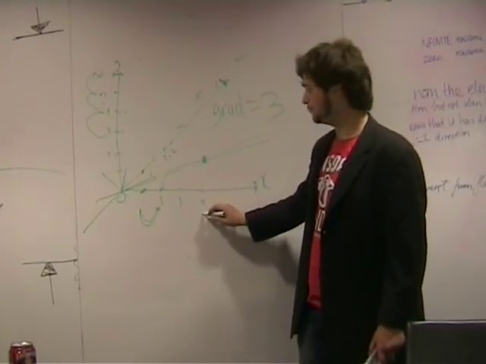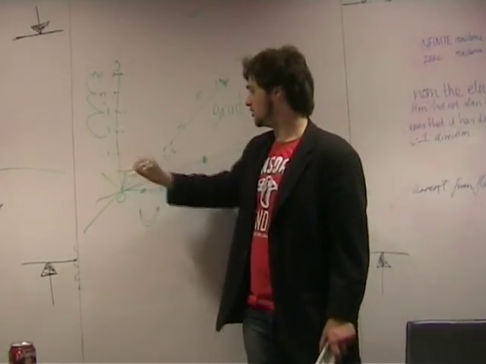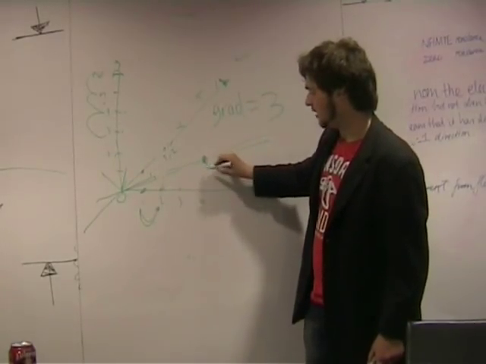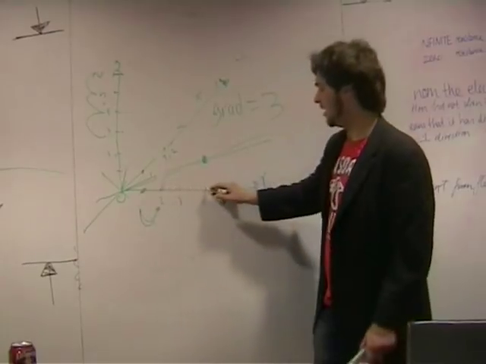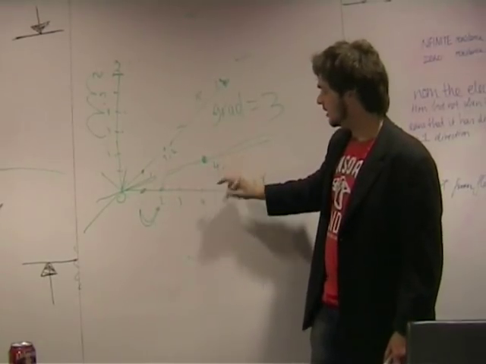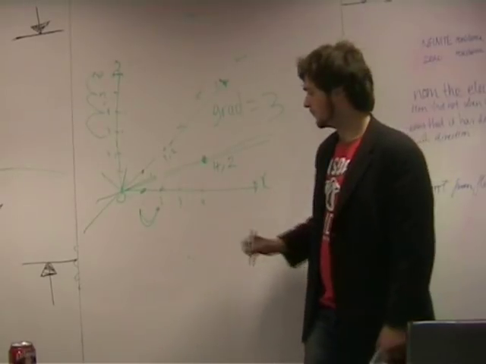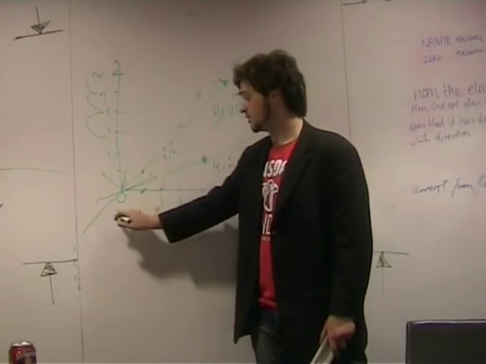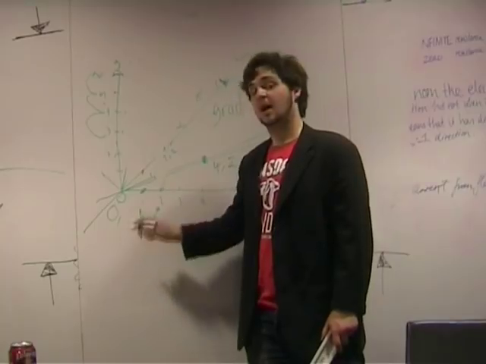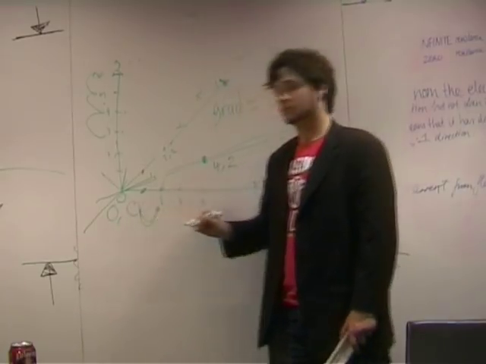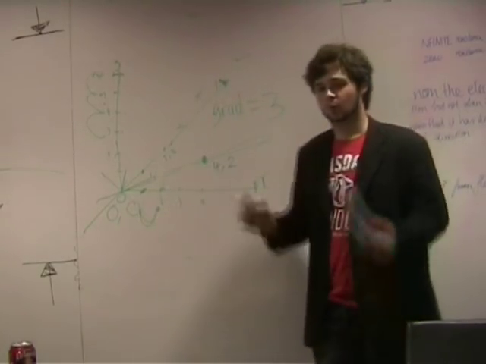We're going to go to 4 and 2. So this point here on the graph is x is equal to 4 and y is equal to 2. Okay? And we're going to start at 0. So x is equal to 0 and y is equal to 0. Okay? So what's the gradient?